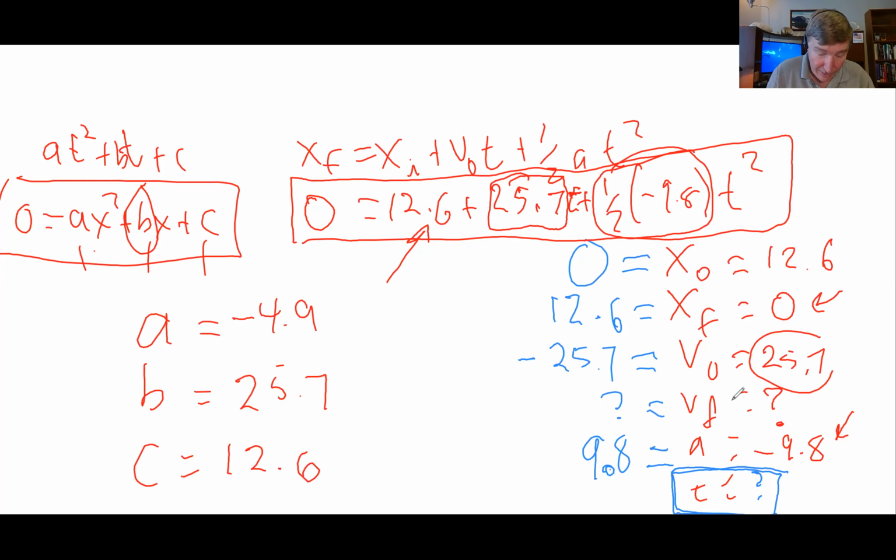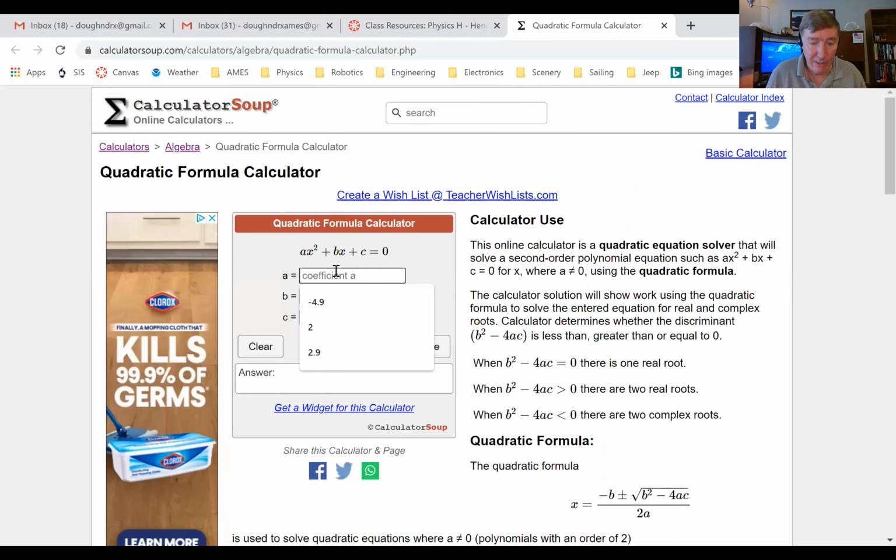Let me write that down because I'm going to have to go back to the other screen. So A is negative 4.9, B is a positive 25.7, and C is a positive 12.6. Okay, so let's go back to this page right here. You just type in the numbers there. So A is negative 4.9.